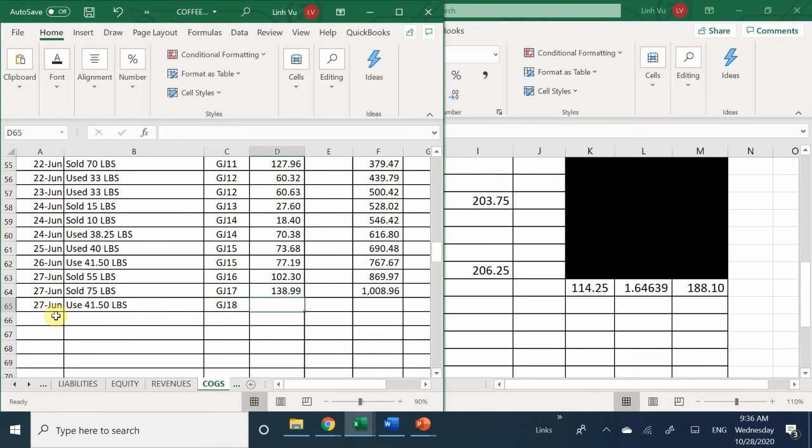Okay. General Journal 18. And the amount is 76.78. 76.78. And I have $1,085.74.